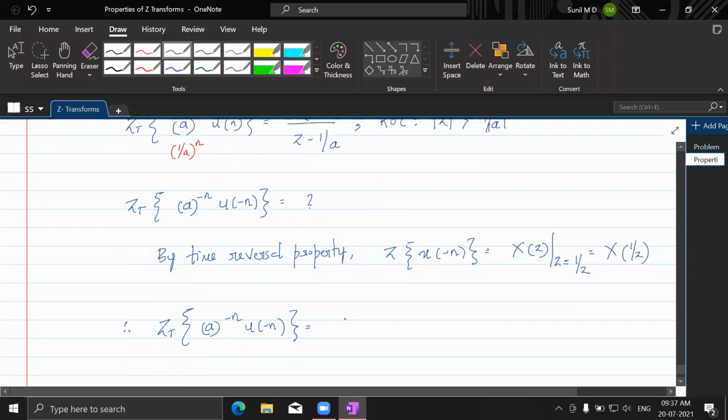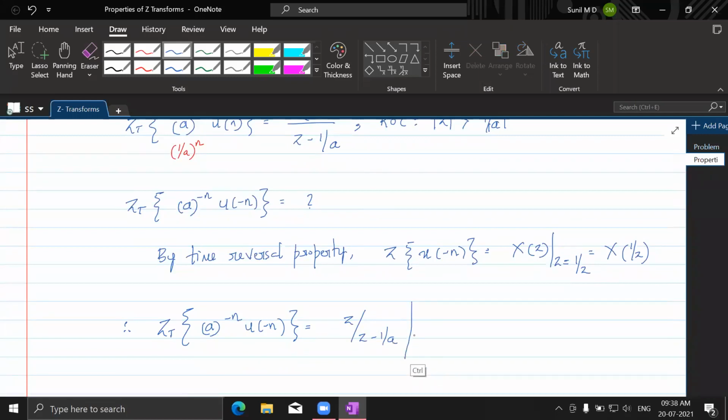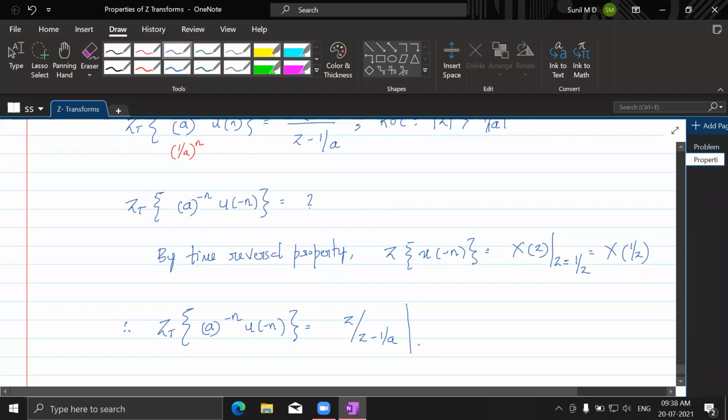It is Z by Z minus 1 by A. In this, z has to be replaced by 1 by z. Get that point? So it would look like 1 by z divided by 1 by z minus 1 by A. Is it okay with you?